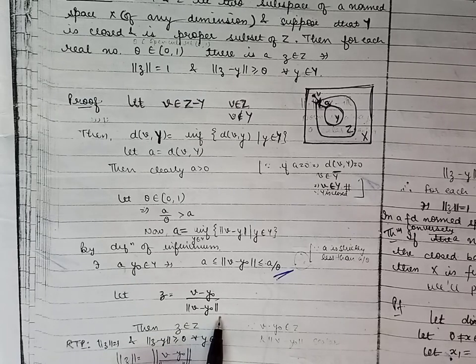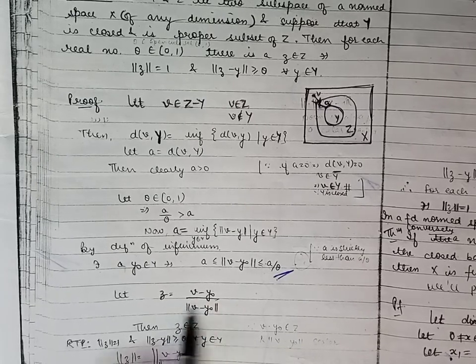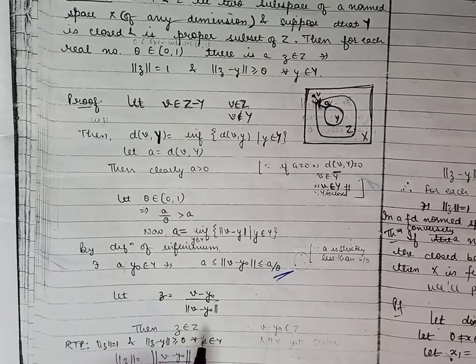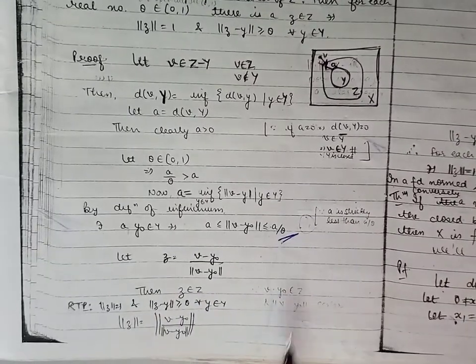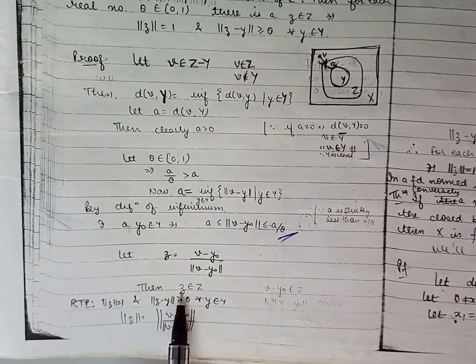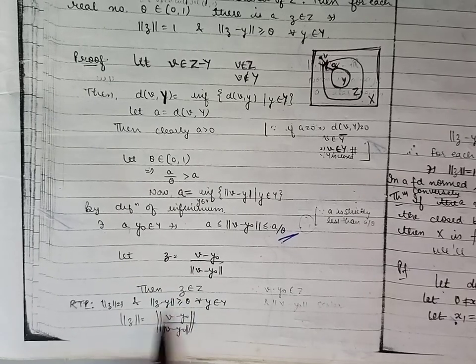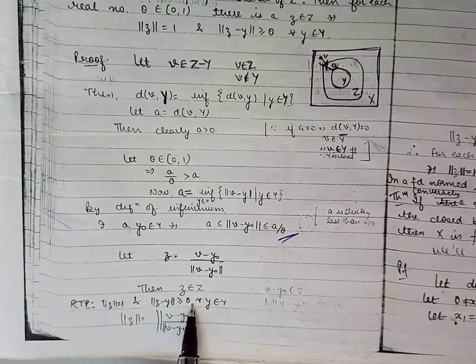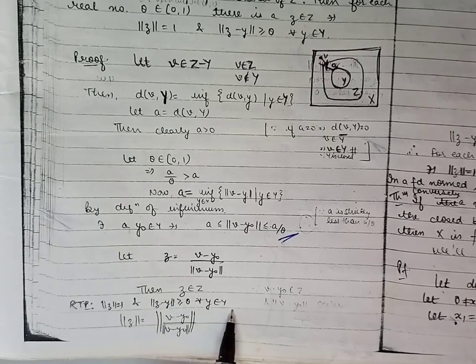Now clearly because v minus y0 belongs to the subspace Z and this is a scalar, this element z belongs to the subspace Z. Now we have to verify the two conditions. First, the norm of this element should be 1, and second, the norm of z minus y should be greater than or equal to theta for every element y belonging to the subspace Y.